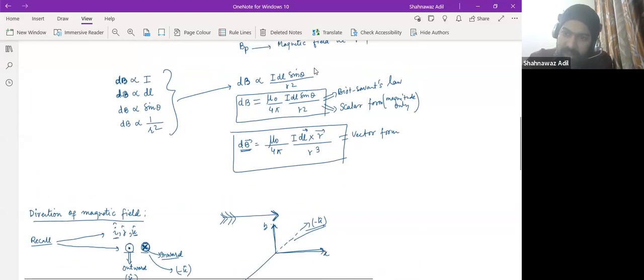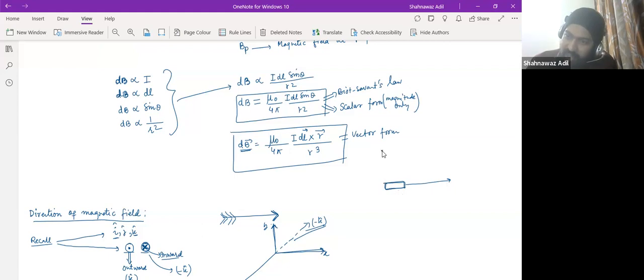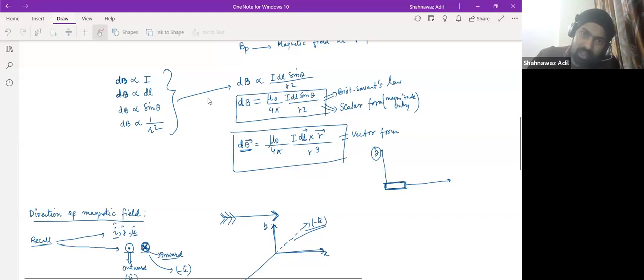Just remember that this is how we calculate it. There is this equation where you have a small length element dl placed in the x direction, and you want to calculate the magnetic field in the y direction. That is some kind of question, so we'll do that in the next class.